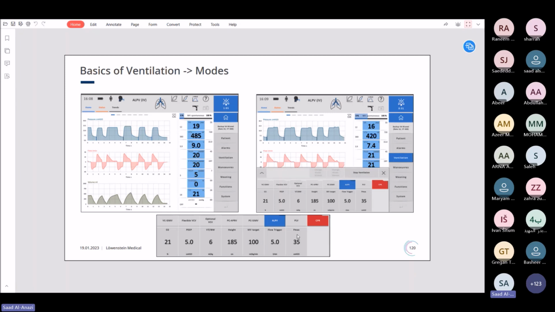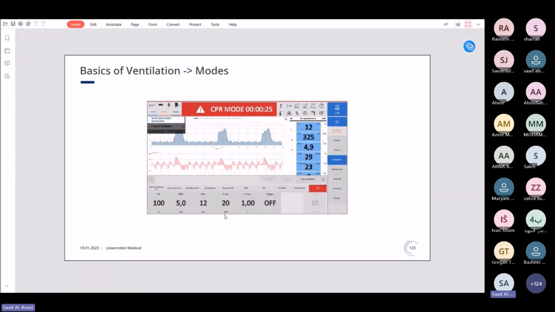Then you need to select the max. Then you will have the measured parameters, the tidal volume based on the ideal body weight that you selected. This one is really great for a protective lung strategy. You can apply it for a severely sick patient, if the patient has ARDS, or to avoid lung injury.